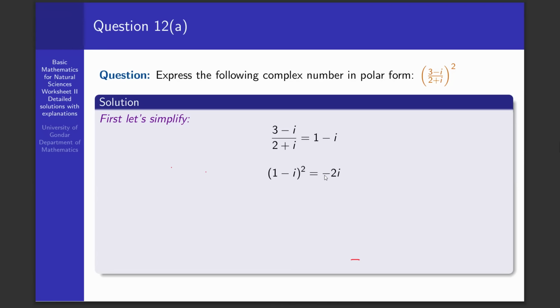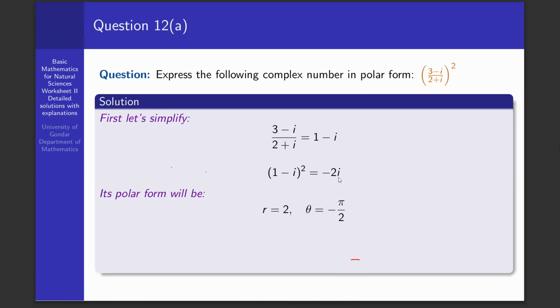So let's write this one into polar form. In order to write the polar form of the given complex number, we need to have two things, that simply the norm, that is r, and the argument, that's simply theta. Simply the r could be the square root of, since the real part is 0, the square root of minus 2 squared, that is 4, which is 2.